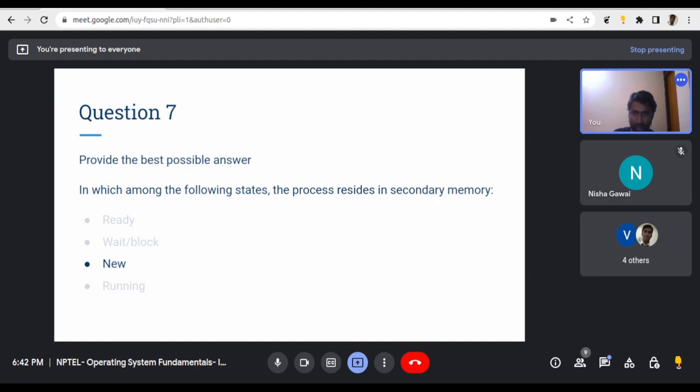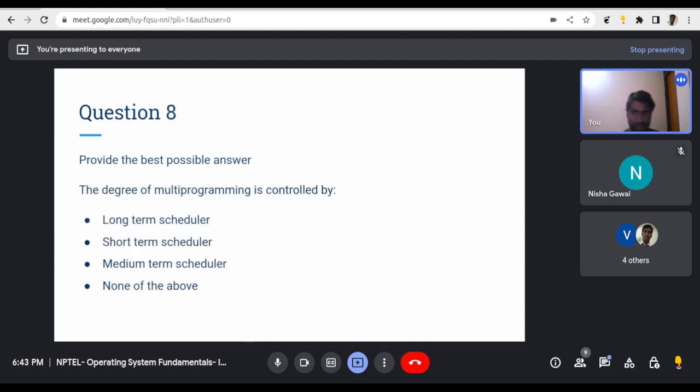The structure of the process is created, so that is why it is called a process, but it resides in the secondary memory, and its state is called new. Anyway, let's move on to the next question now.